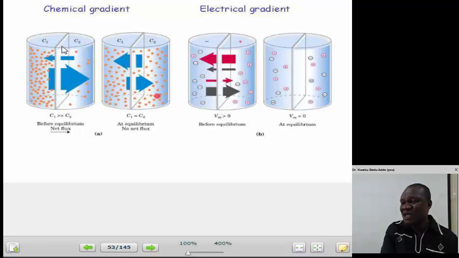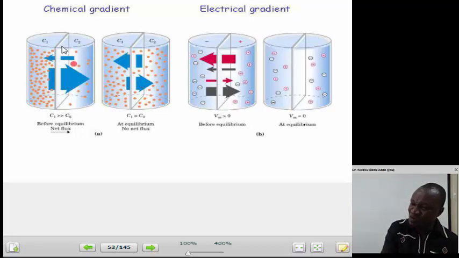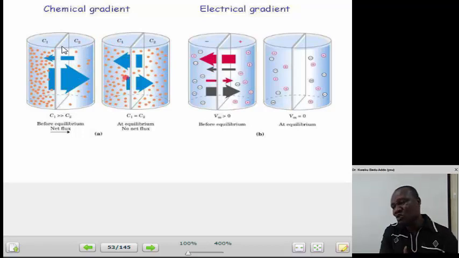And at equilibrium, there would be no net movement, even though there's movement. It means movement from C2 to C1 is balanced by movement from C1 to C2. Now, this is the chemical gradient or the concentration gradient. If we come to B, we have the electrical gradient.